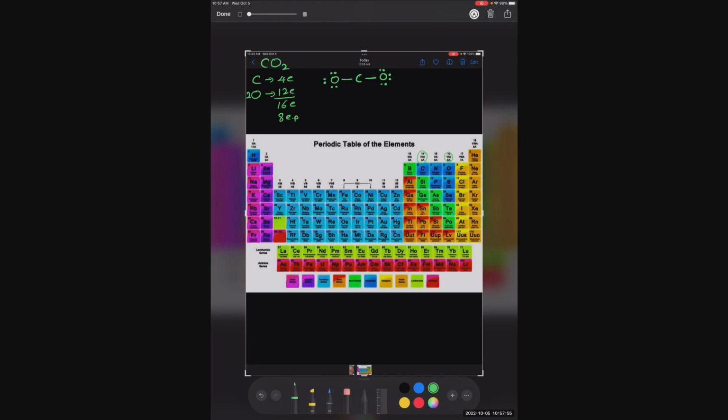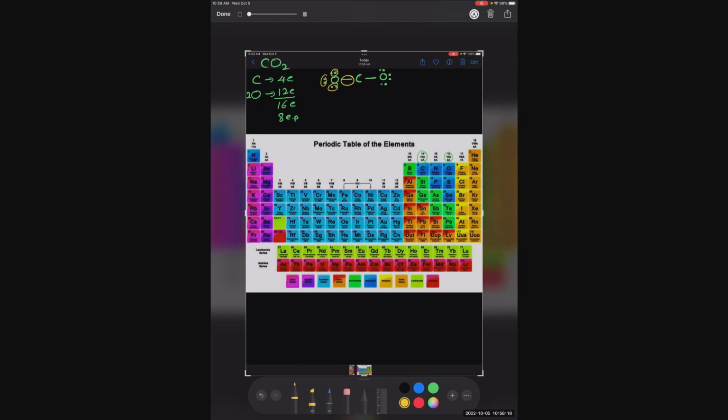Now the fourth step in drawing Lewis structures is to count the electrons around each atom. Around oxygen we have 3 lone pairs, that is 6 electrons, and then 1 bonding electron pair. So let me mark them: 1, 2, 3 lone pairs, and then 1 bonding electron pair.